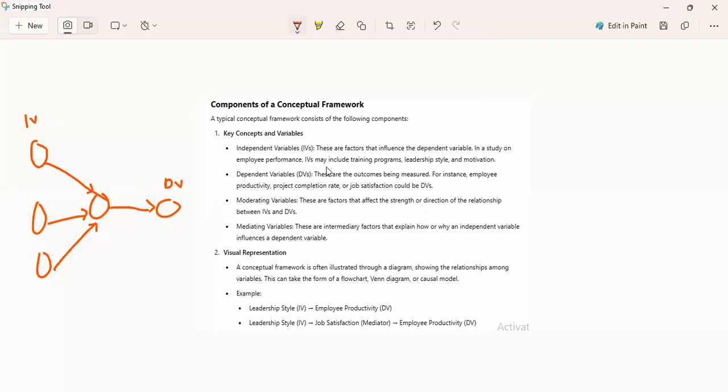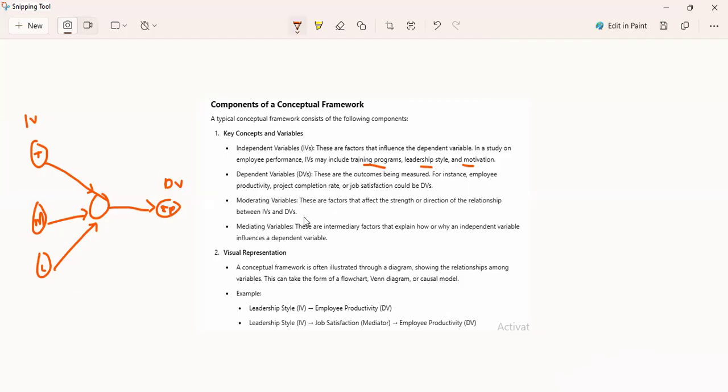Employee performance may include independent variables like training, leadership, and motivation. So these are inputs: training, motivation, and what? And leadership style. Then we have the dependent variable, which is the outcome we want to measure, which is employee what? Performance or productivity. So this is the outcome.